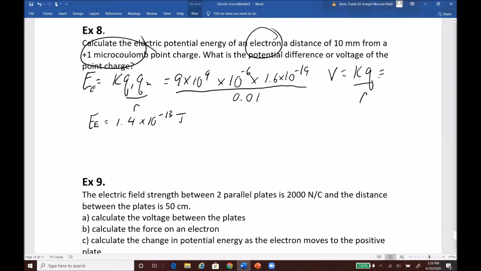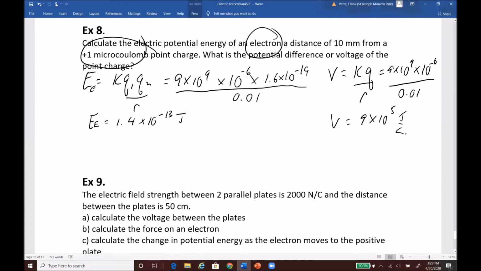So the voltage generated by this point charge would be 9 times 10 to the 9 times the point charge over the distance to the electron, which is 0.01, which would be about 9 times 10 to the 5 joules per coulomb, or volts, right?